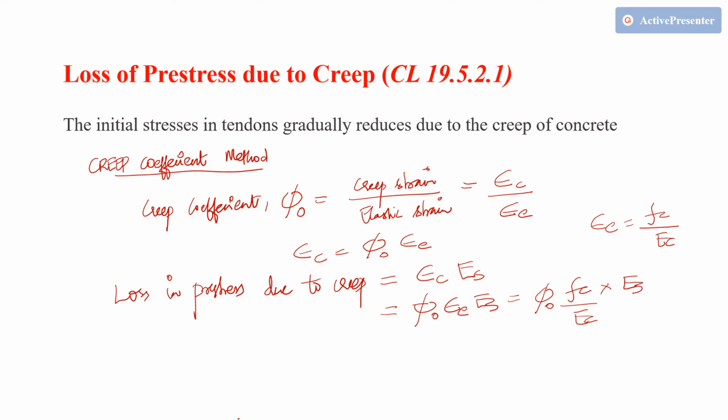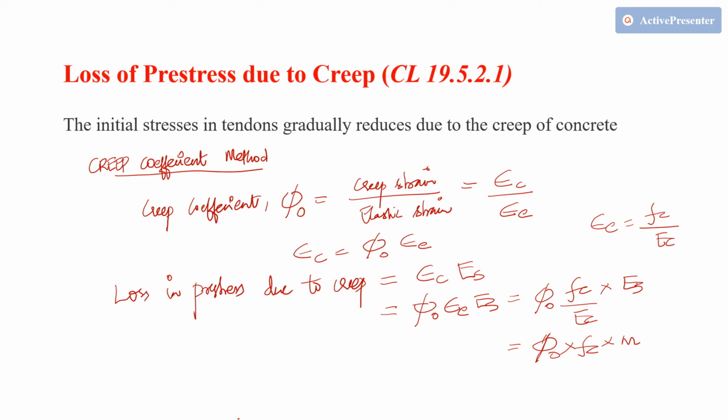That is, I could write this as phi naught into Fc into m, where Fc is the stress in concrete at the level of steel. So the loss in pre-stress due to creep is equal to phi naught, the creep coefficient, into the stress in concrete at the level of steel into the modular ratio, that is Es by Ec.